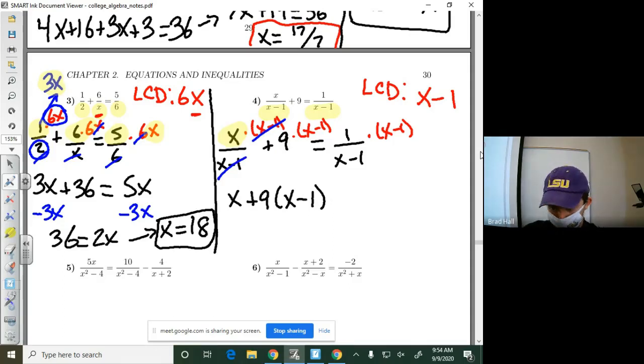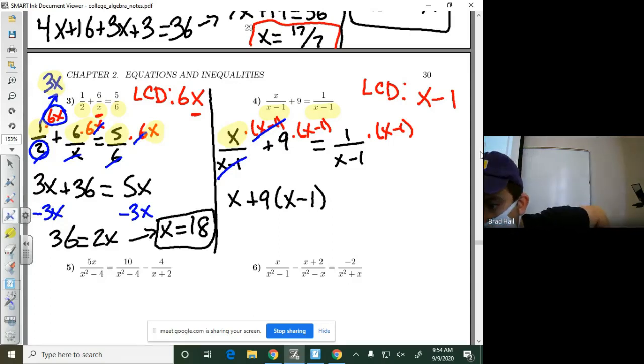And this is a good reason why it is recommended to use parentheses when your LCD starts to expand in terms by more than 1. You have to end up distributing that 9 to the x and the 1. So if you don't put parentheses, you would not be able to see that.